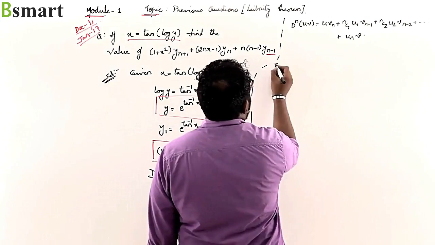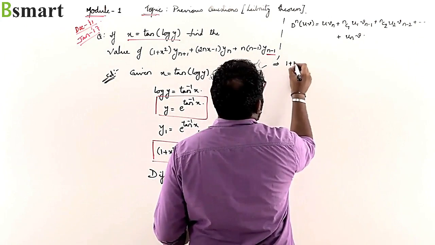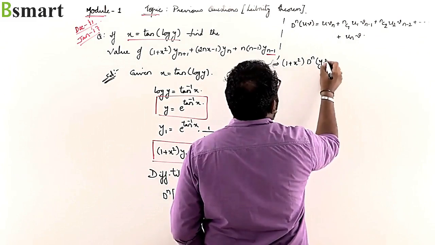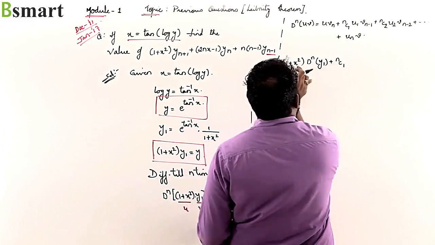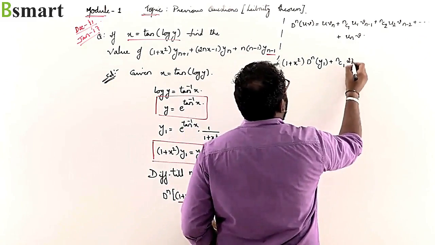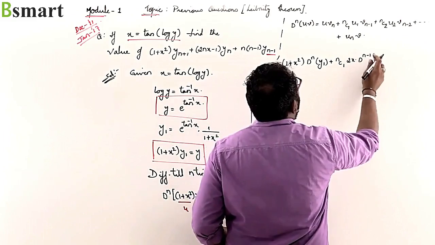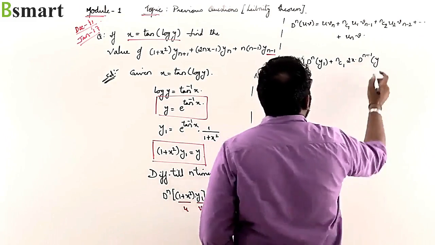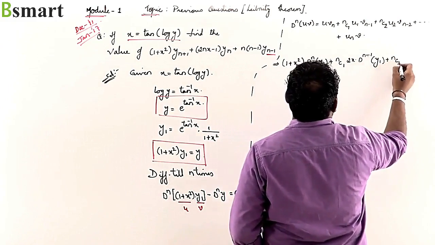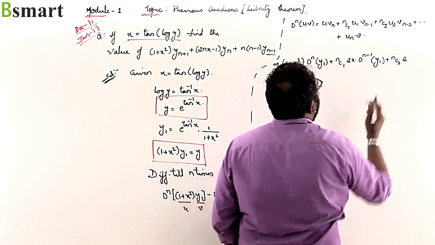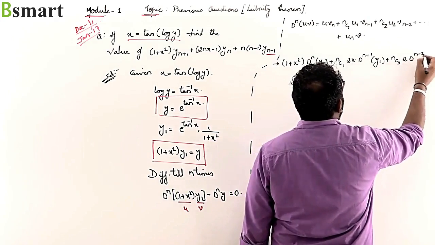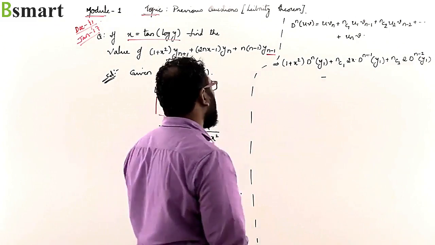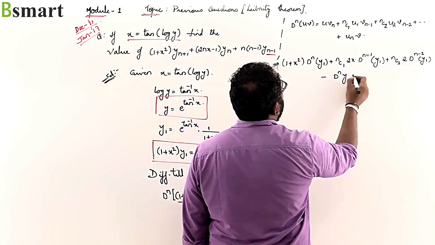So that will be 1 plus x square into d to the power n of y1, plus nC1 into the derivative of 1 plus x square, that is 2x, into d to the power n minus 1 of y1, plus nC2 into the derivative of 2x, that is 2, into d to the power n minus 2 of y1, minus d to the power n of y is equal to 0.